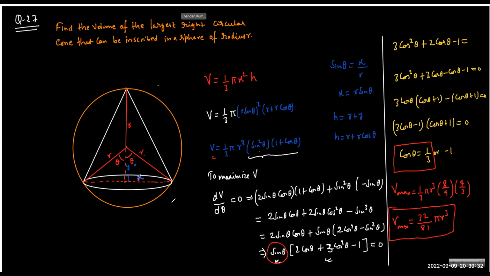So we can neither take sin theta 0, which is going to give us 0 volume, nor are we going to get the -1 answer. So this is how we solve the geometrical problem.